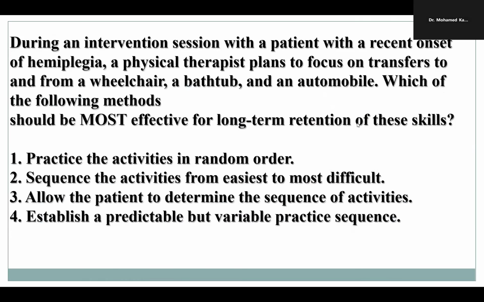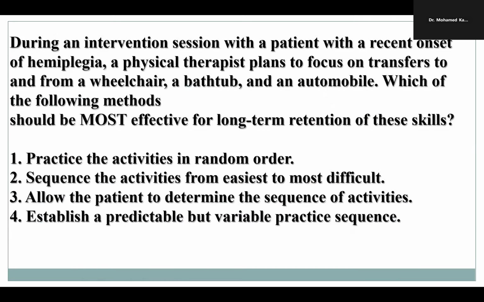We know that stroke will affect the motor function, sensory, cognitive, depending on which area of the brain is affected. And as part of our motor learning strategies, we need to understand how motor learning works. So what we should do: practice the activities in random order, which would help more retention of what has been learned? Or sequence the activities from easiest to most difficult. This is another approach. Allows the patient to determine the sequence of activities.